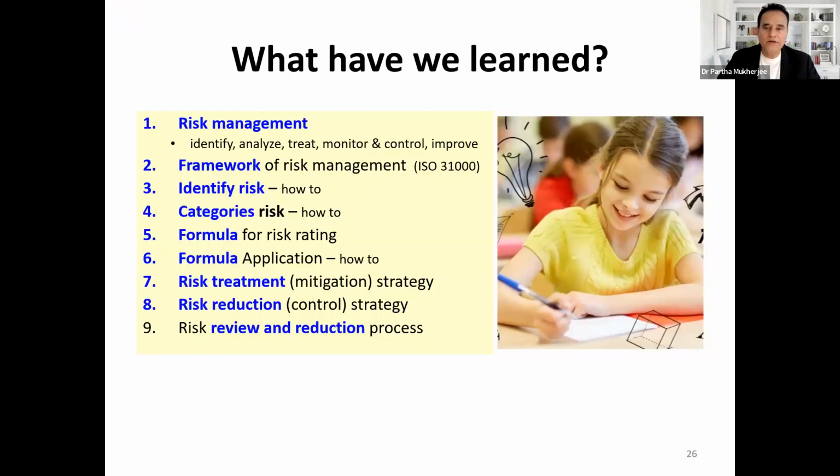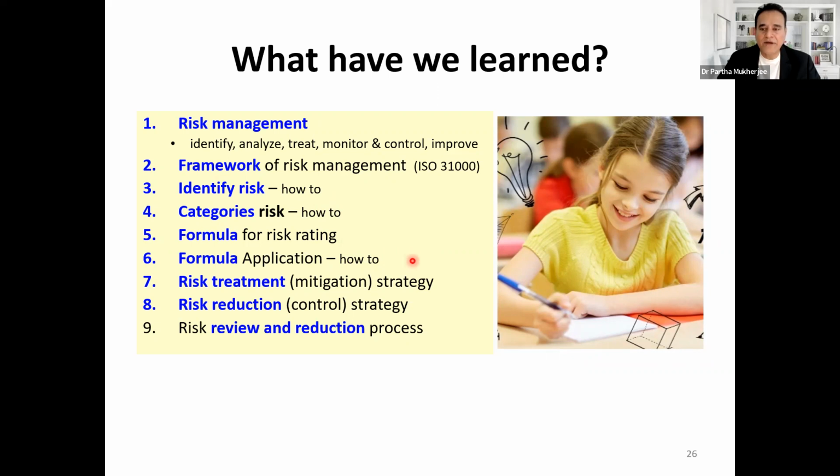So we have learned today the risk management steps: identify the risk, analyze the risk, treat the risk, monitor and control, and improve. We have learned the framework comes from ISO 31000. We have learned how to identify the risk, how to categorize the risk. Then we have learned the formula and how to apply the formula in all different risks.